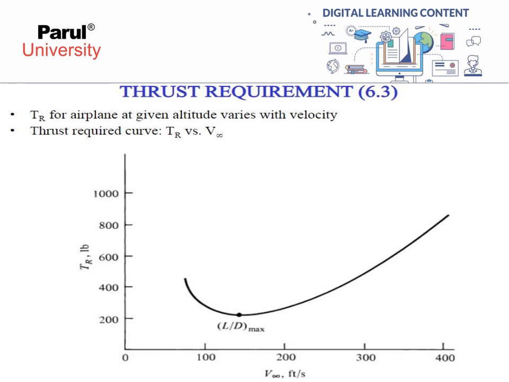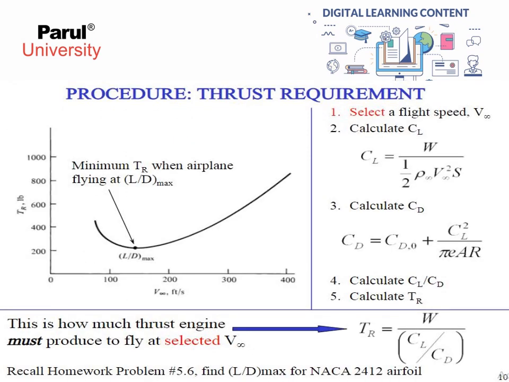And now we can see this curve is nothing but the thrust required curve, and this point is nothing but L by D maximum. The corresponding point is L by D maximum. Okay. Now, the procedure for thrust requirements. In the figure we know that this is the L by D maximum point. It is nothing but minimum thrust required when the airplane is flying at L by D maximum.